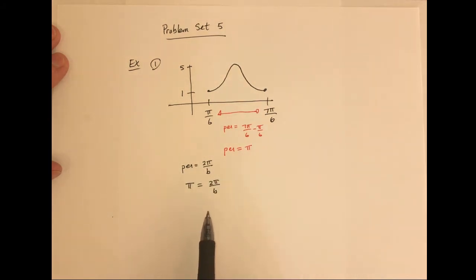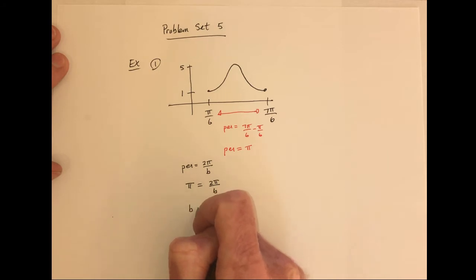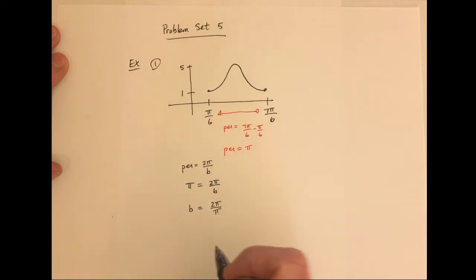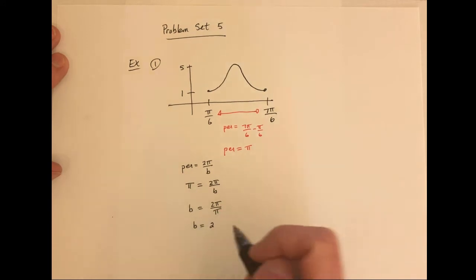And now I need to solve for b. So what you can do is multiply both sides by b, that'll put b over here, and divide by pi, so it's going to move over to here. Or in other words, these two can switch places. And then the pi's cancel, so that means that b is equal to 2.